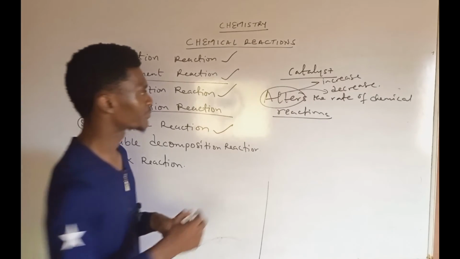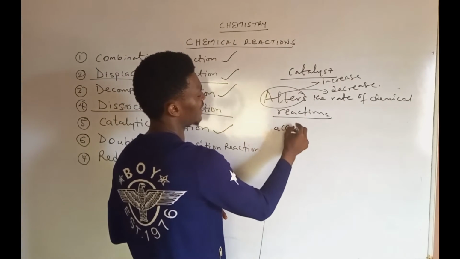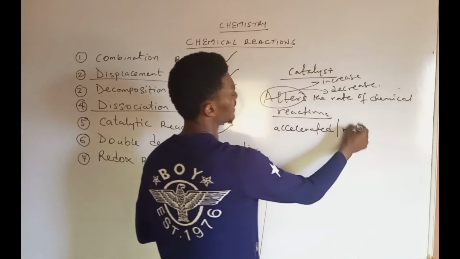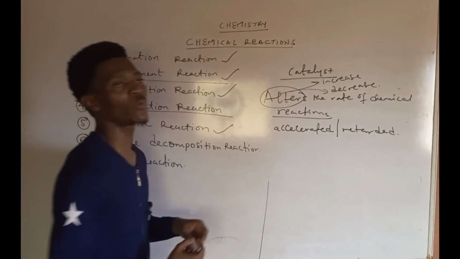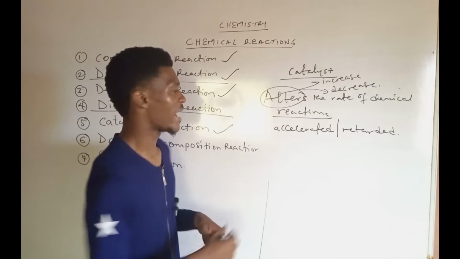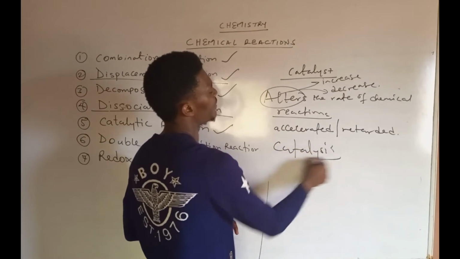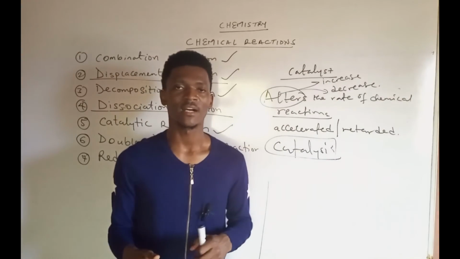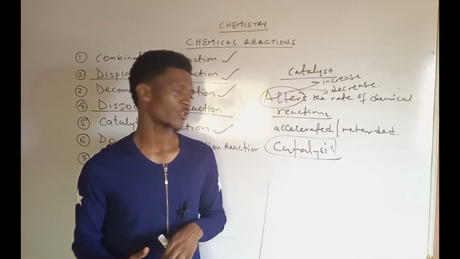Mind you, reactions that are accelerated or retarded by catalysts are known as catalysis, meaning that there is a catalyst present that could accelerate the reaction or could retard the reaction.